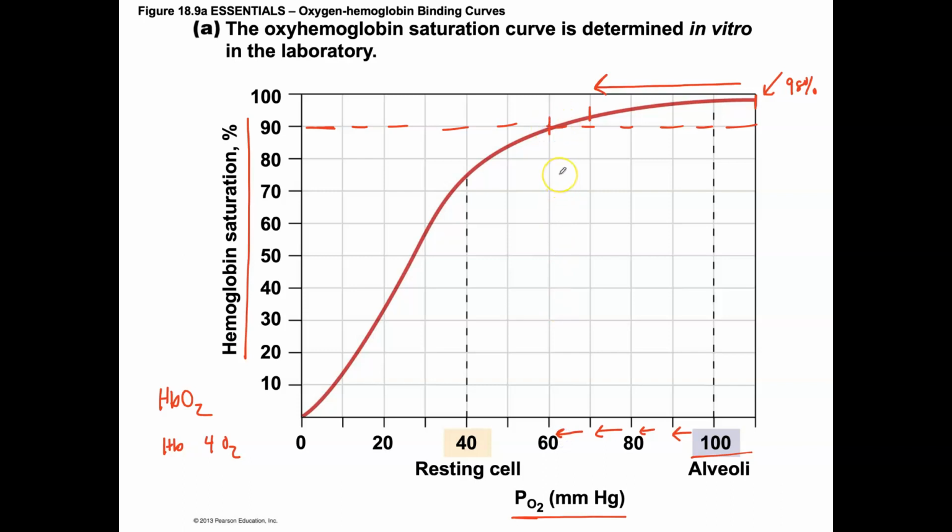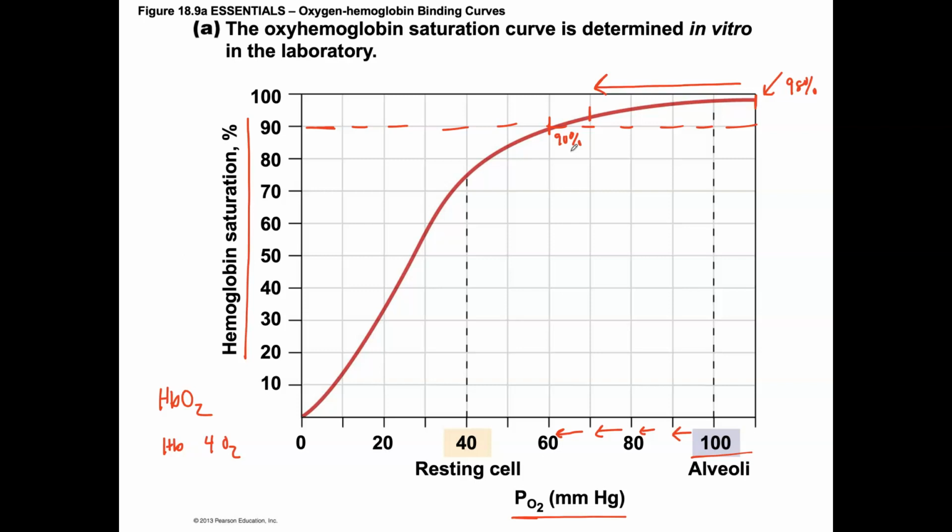So here's the partial pressure of oxygen at 60, and we're still right at that 90% mark. So we can maintain high levels of oxygen saturation even when the partial pressure of oxygen is declining, as long as we stay above 60 millimeters of mercury.